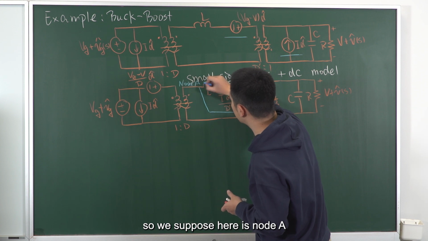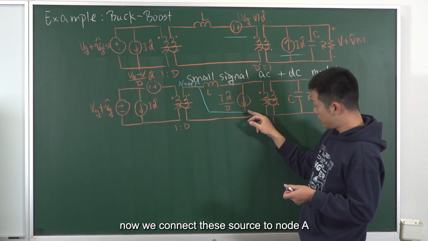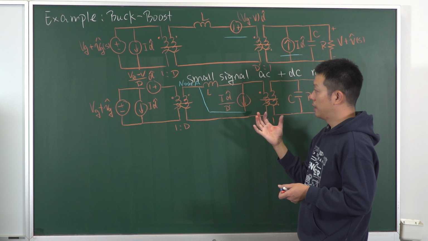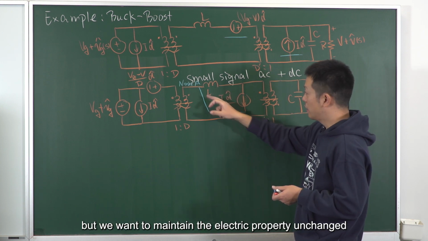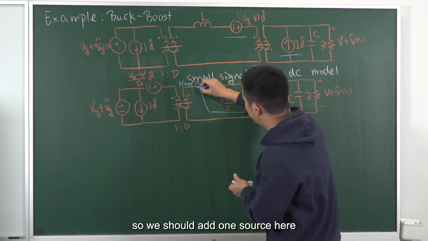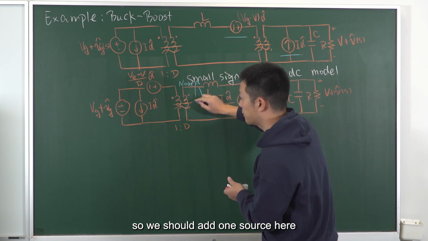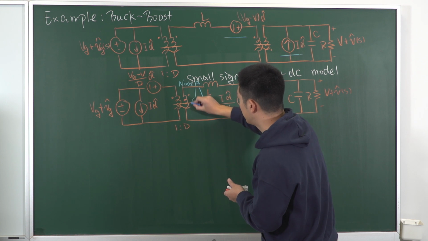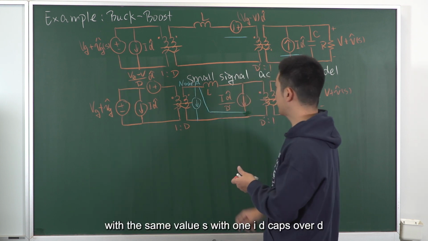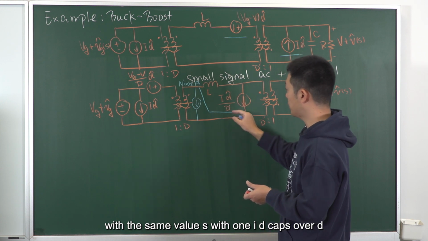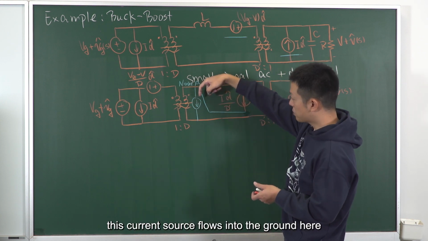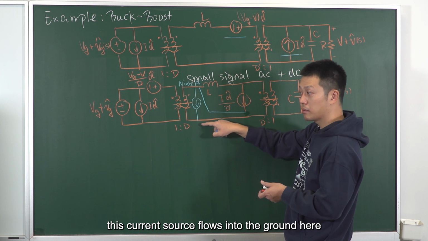So we suppose here is node A. Now we connect this source to node A, but we want to maintain the electric property unchanged. So we should add one source here with the same value as this one, I d cap over D. This current source flows into the ground here.